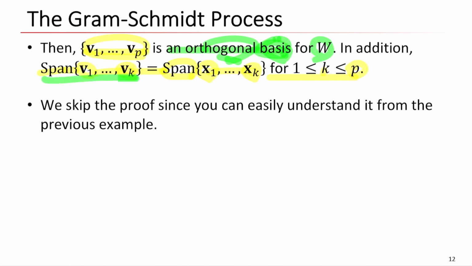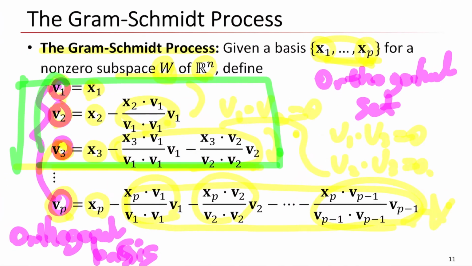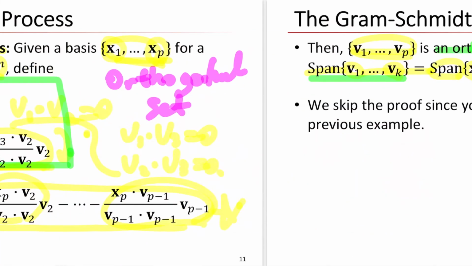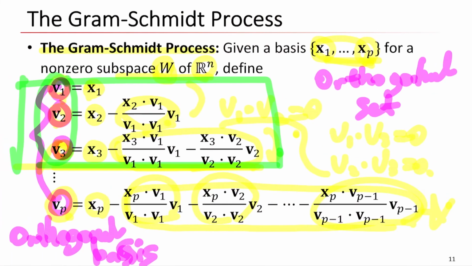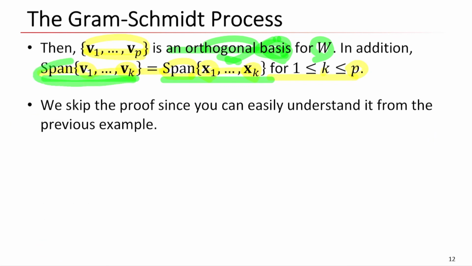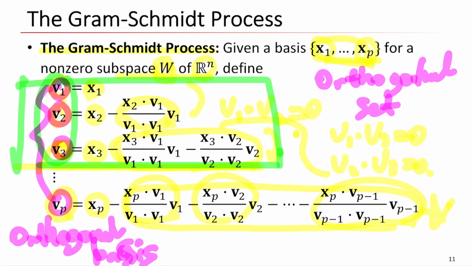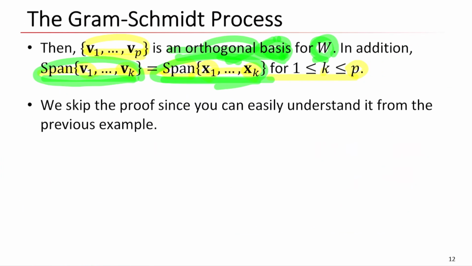The span of v1 through v3 is equal to the span of x1 through x3. Okay, so it means that the span of v1 through vp is equal to the span of x1 through xp. Okay, so by using this kind of Gram-Schmidt process, we can find the orthogonal basis for the W space. Okay, so this is called the Gram-Schmidt process, right?